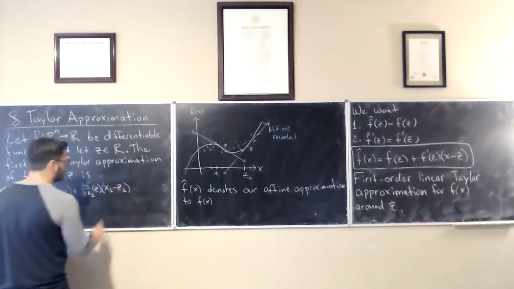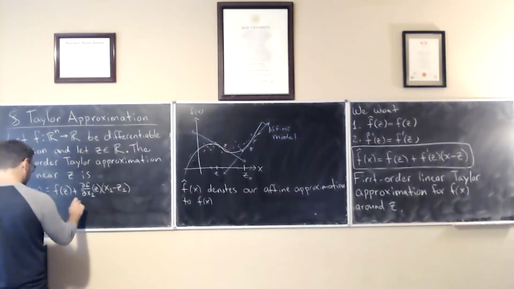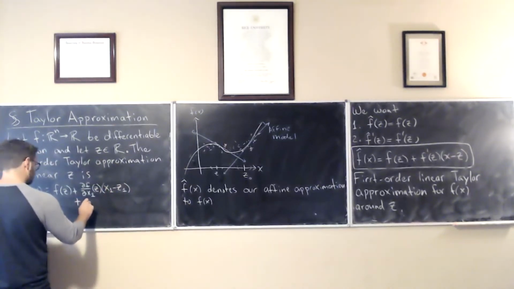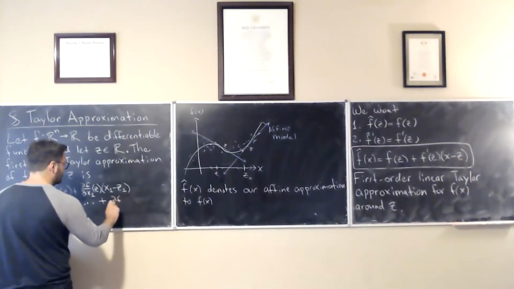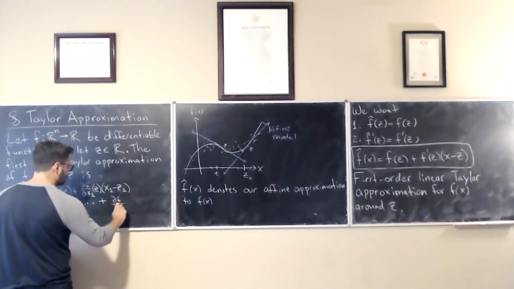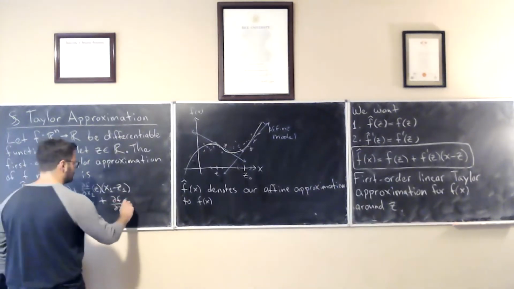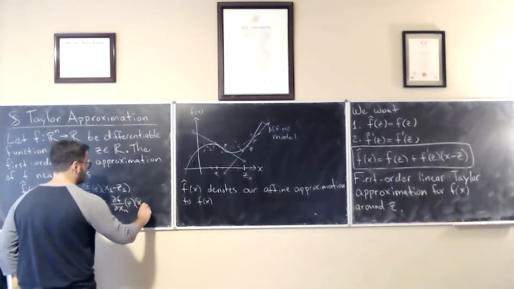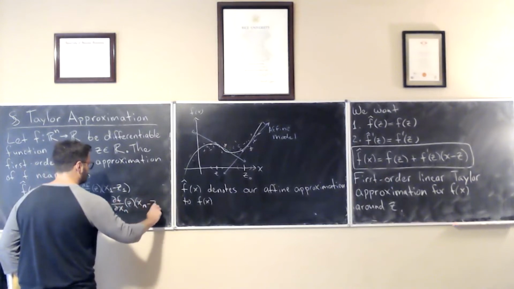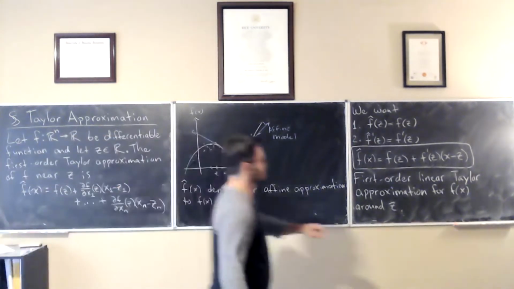Remember, there's going to be n components, plus dot dot dot plus the derivative with respect to the n-th component at z times xn minus zn. And this is just the more general version of this.